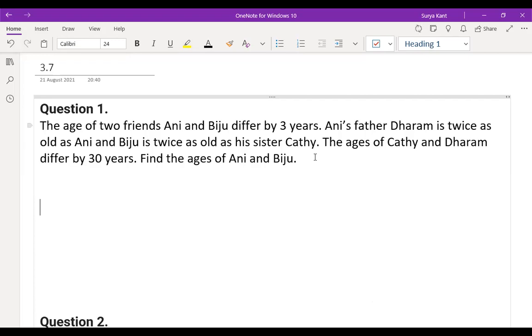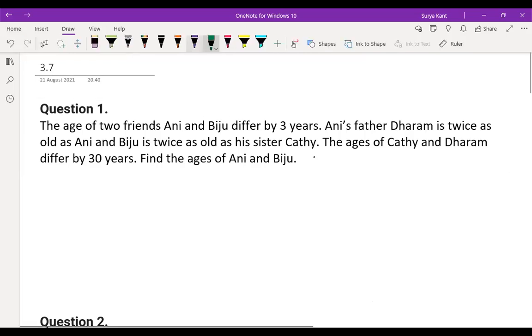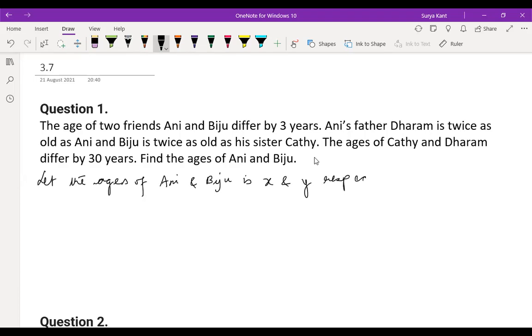So we let X and Y. Let the ages of Ani and Biju be X and Y respectively.